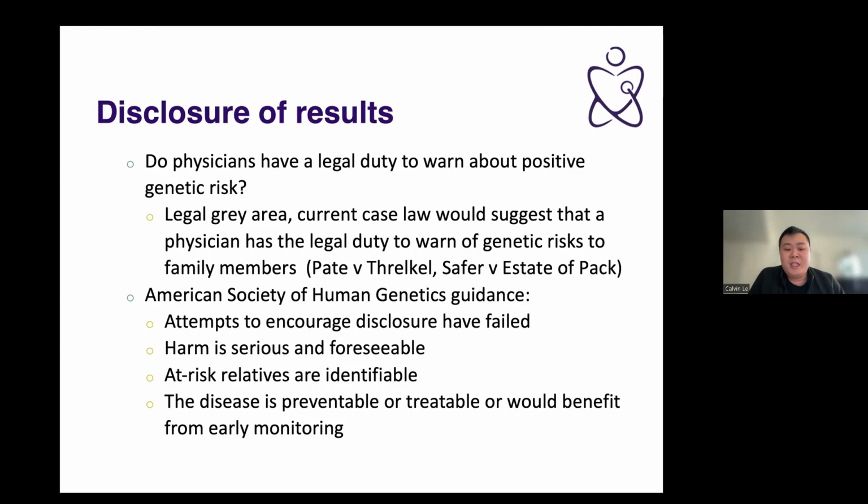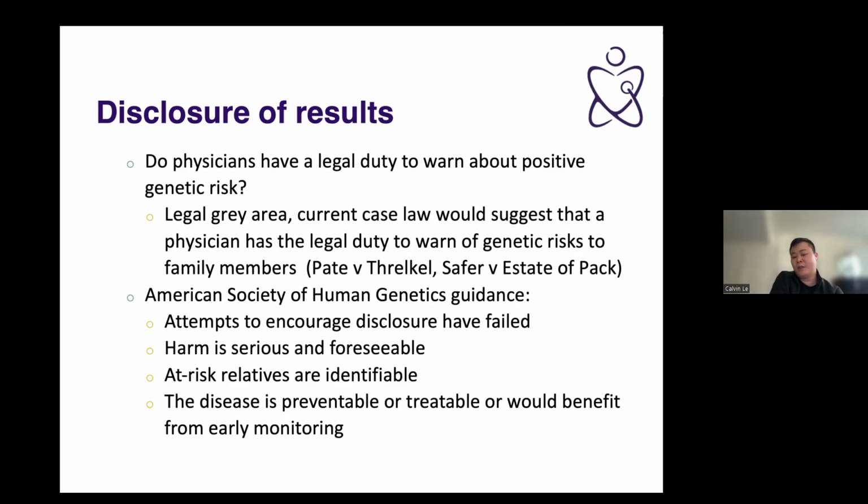I talked to some folks at the medical genetics clinic here, and there's some guidance from the American Society of Human Genetics on what to do when there's this tension between the patient's autonomy and our duty of beneficence and justice to warn others. Some professional societies say it is reasonable for physicians to forego patient confidentiality and make attempts to warn if all the following are met.